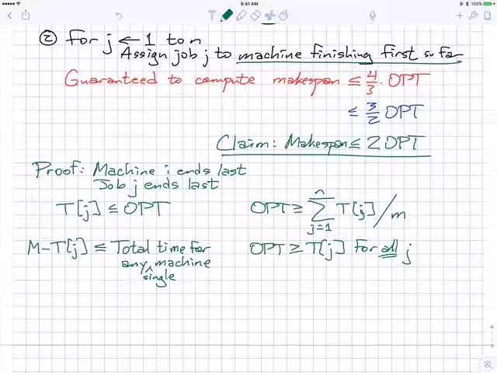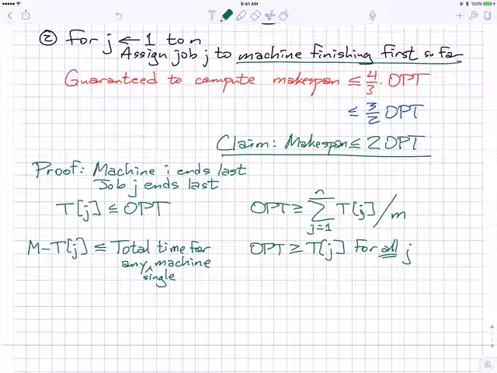Well, the thing on the bottom left is less than or equal to the thing on the upper right. This is the average finishing time of all the machines. But this is less than the minimum finishing time of all. It's actually equal to the minimum finishing time of all machines. The minimum is always less than or equal to the average.